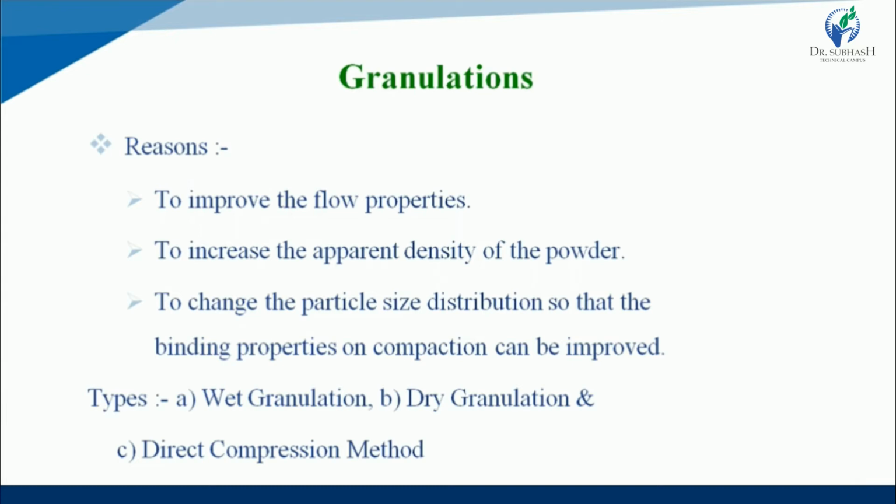So it is called a dry granulation method. While in direct compression method, the drug and excipients are taken together and directly compressed with the help of a tablet compression machine.